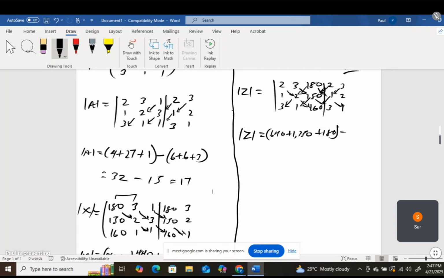So here will be 3 times 1 times 160, 160 times 3, which is 480. Now the second one becomes 2 times 150 times 1, which is 300. Then the last one, 3 times 3 is 6, 6 times 180 is 1080.